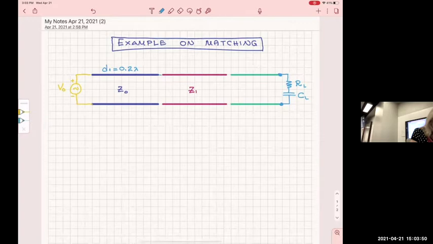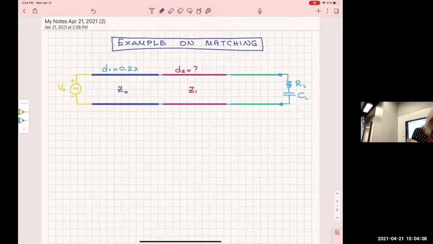Then they tell you that the lines are connected, obviously, and then they will tell you that for the second line, they would like you to find its length. This is D2. So obviously it's not given.